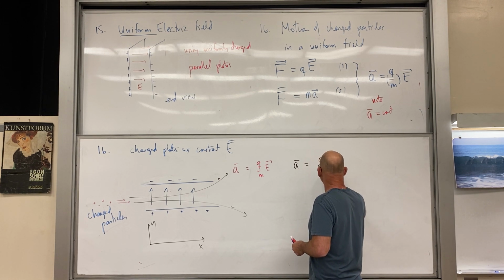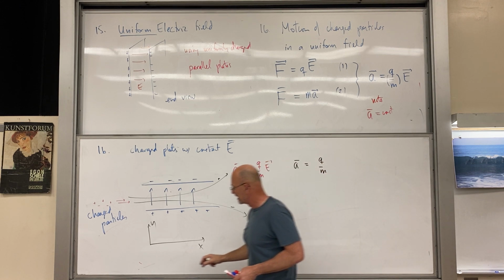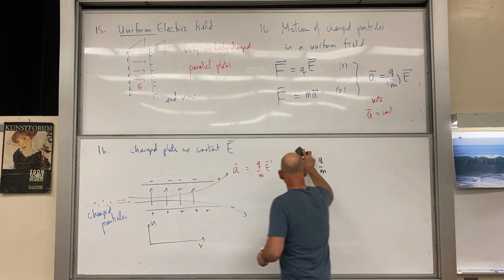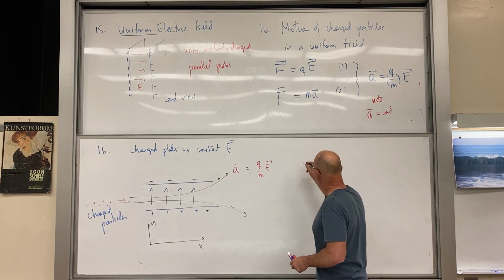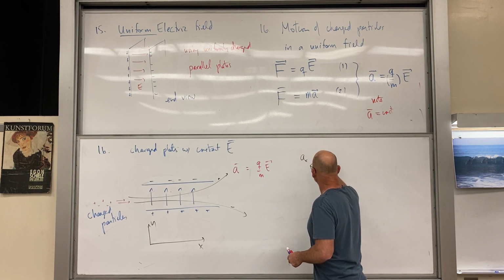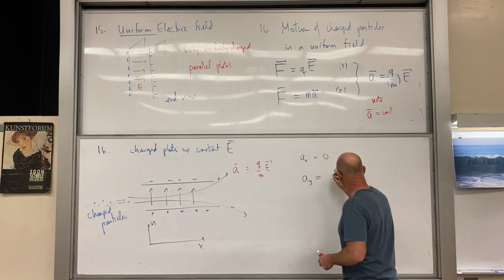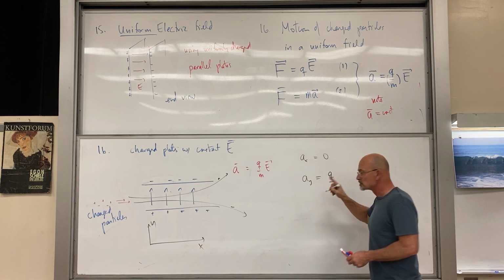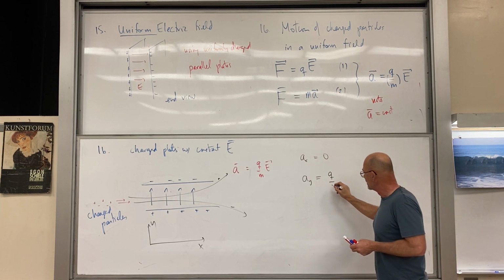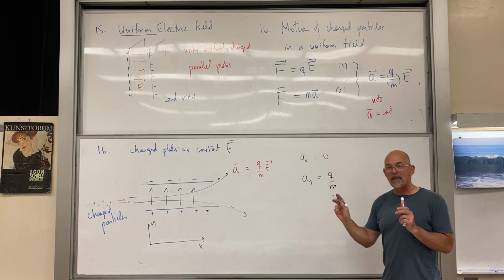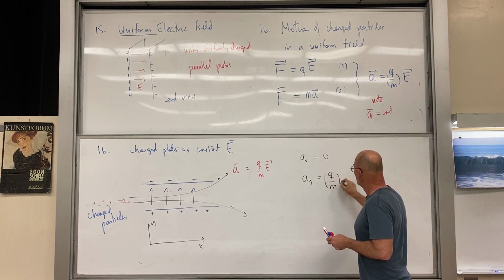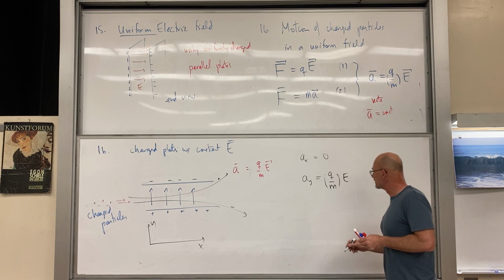Q over M. Let's write it this way. A sub x is equal to 0. A sub y is equal to Q, which is the charge on the particle, over M, which is the mass of the particle, times whatever this field is.